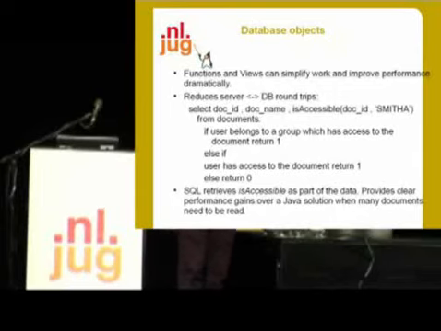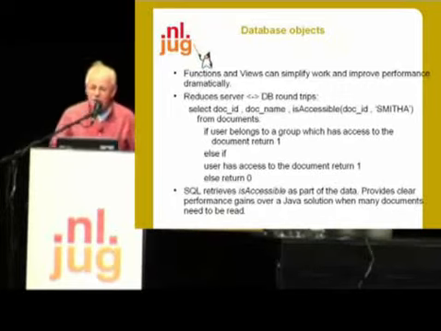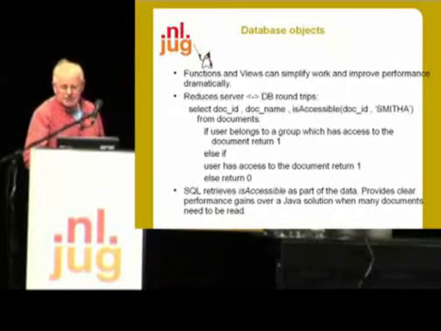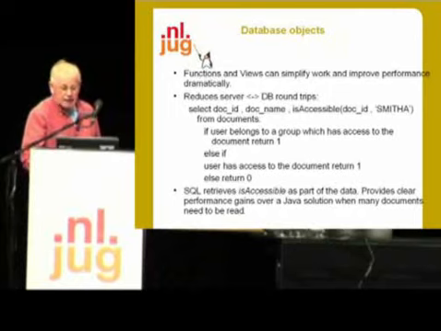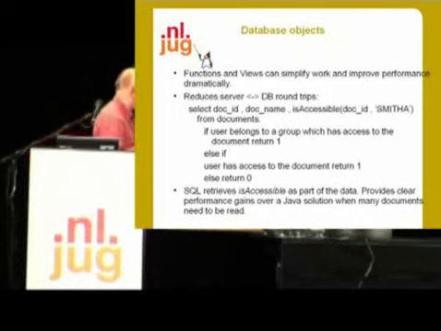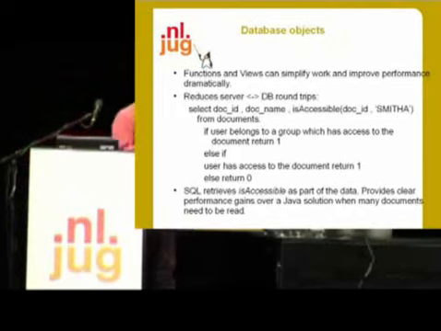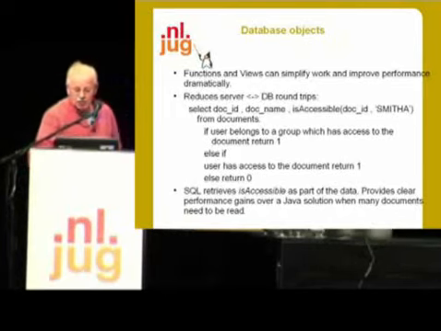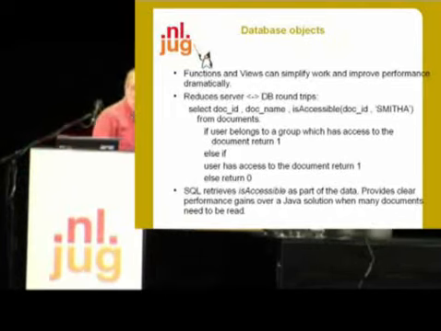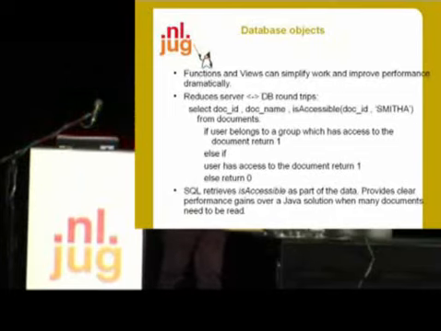I'll grant you that. But normally, to convert from one database to another is not that much work. But we have a function here that is accessible for this particular document ID and the username. The nice thing about working like that is that the SQL retrieves the value of this is-accessible function as part of the data.